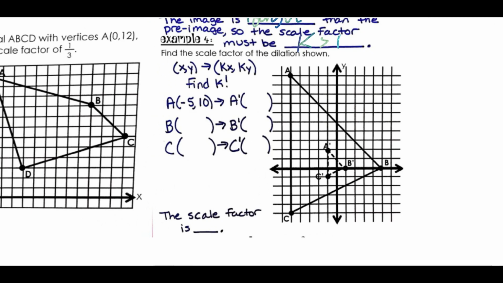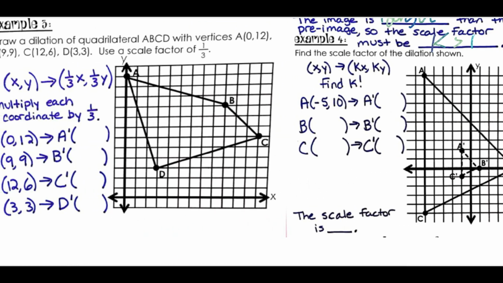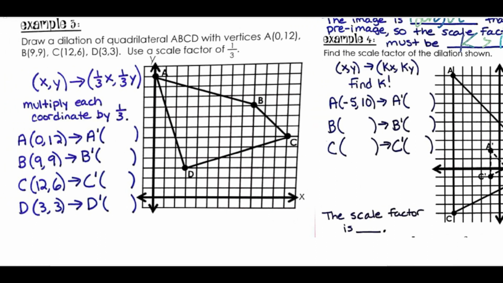Over here, it says, draw a dilation of the quadrilateral ABCD with vertices given. Use a scale factor of 1/3. So this is very important. A scale factor of 1/3, 1 over 3, means to divide by 3.